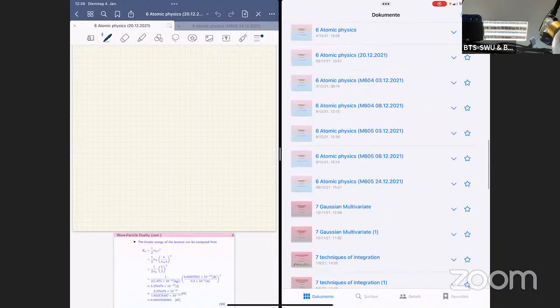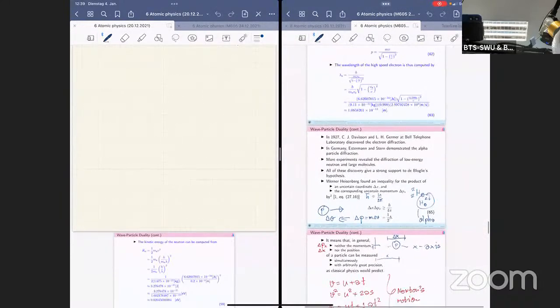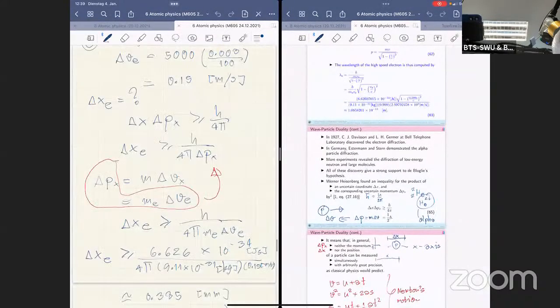M605 on physics and 2, 4, 5 like that. 20. This is 20. I need this one. All right. Okay.